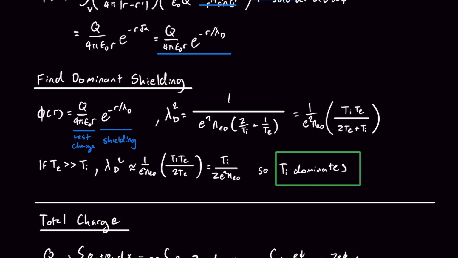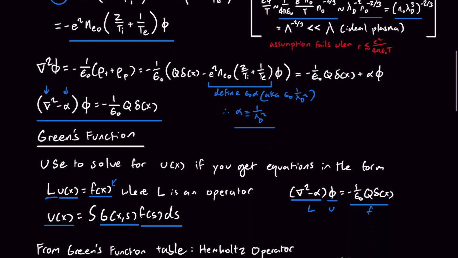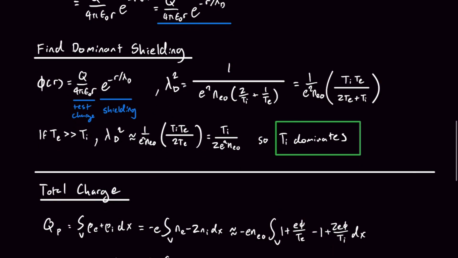So over here, we could simply figure out what lambda d is, which is directly taken from our definition here. And then we cross multiply, and we'll see that if Te is much greater than Ti, the temperature of the electron much greater than temperature of the ion, then Ti is basically 0 when you add it to Te, right?